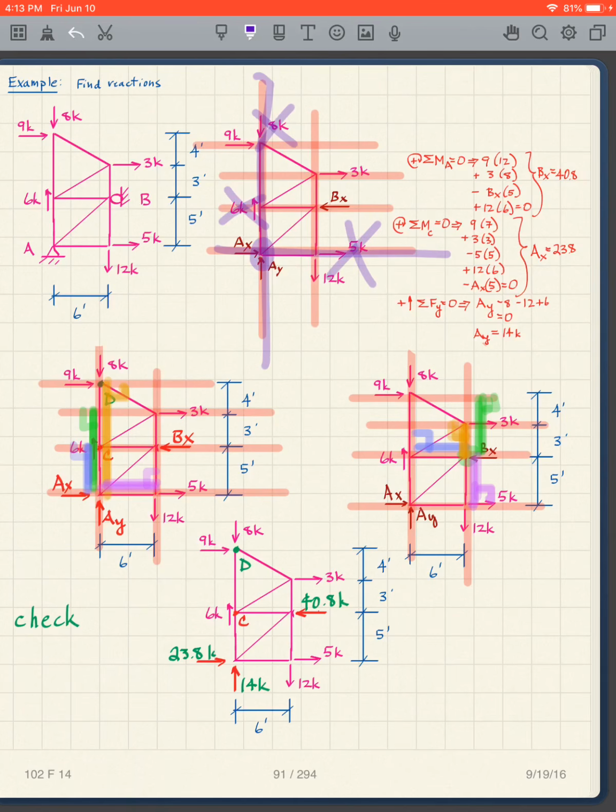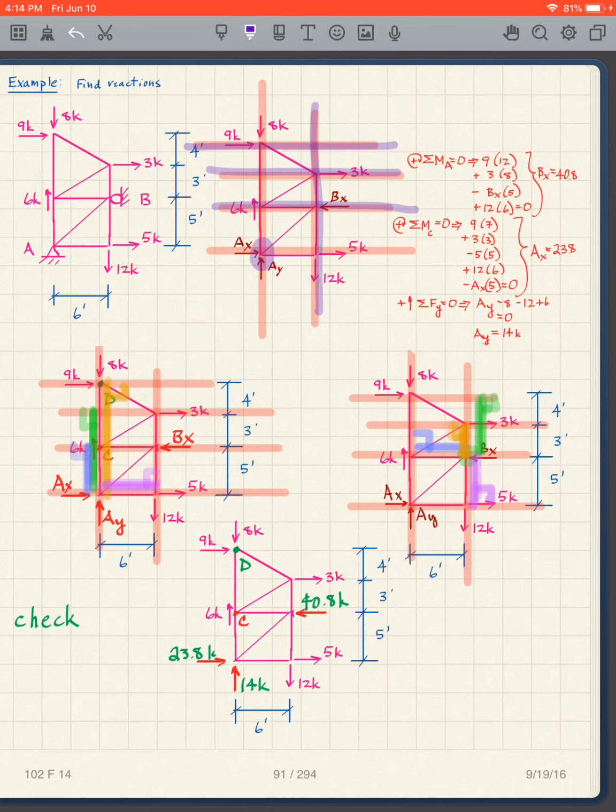And this 5 kips doesn't matter. So we can get rid of a lot of these forces here. We don't have to put them into our equation because it's 0, because the moment arm is 0. So then I just leave the ones that I have, which are the 9, 3, the BX, and then the 12.